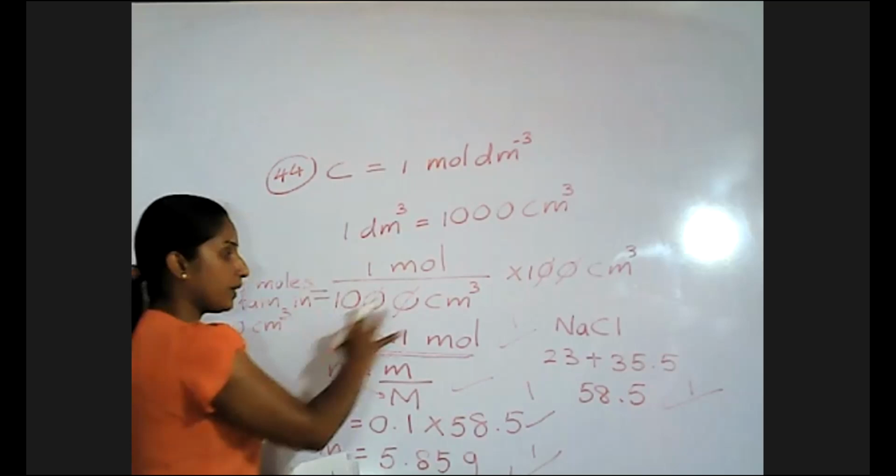In 44 grams, it contains 6.022 into 10 to the power 23. Then in 22 grams, right? If there are Avogadro number of molecules in 44 grams, then in 22 grams, that means half of this one.